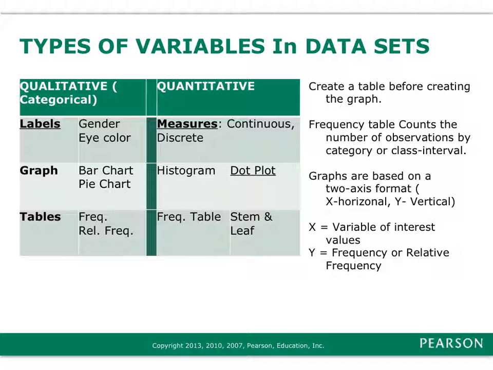So once we've created a table, we will count the number of observations by category or class interval. Graphs are based on two axes, the x horizontal, which is going to be our variable of interest, and the y vertical, which is either going to be a frequency or a relative frequency.